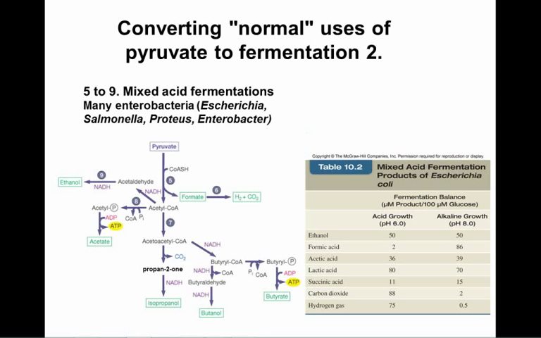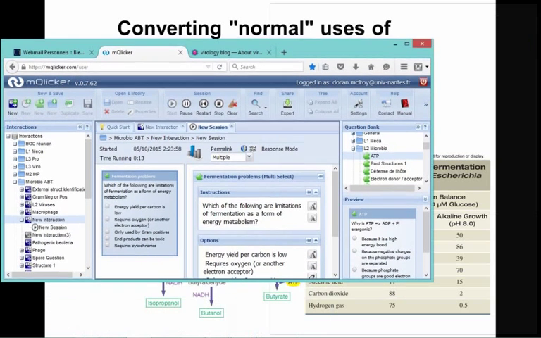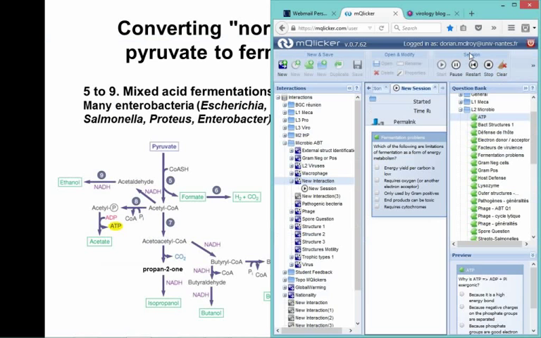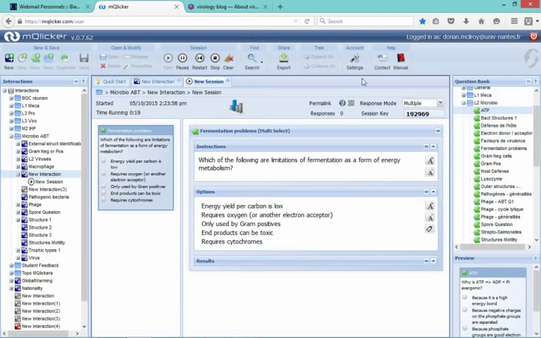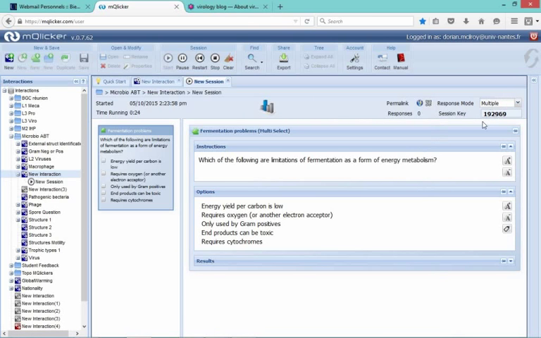So I'll slide this over here. Okay, there's the question. Here's the session key up there. And here are your options. So what are the limitations of fermentation?